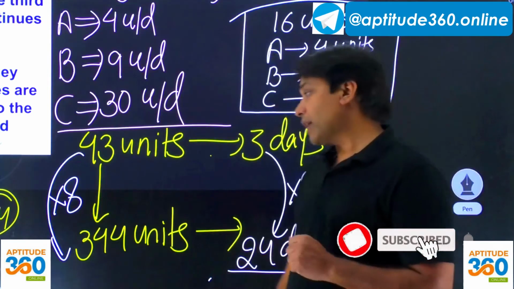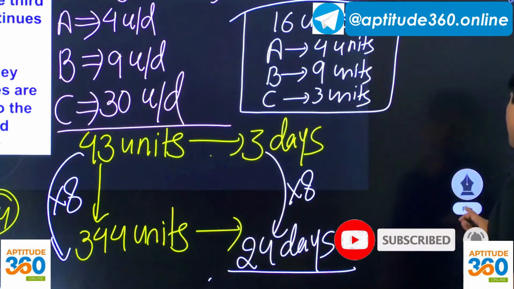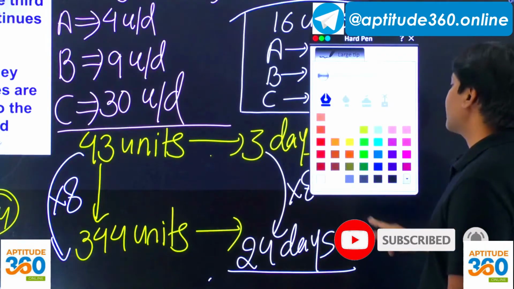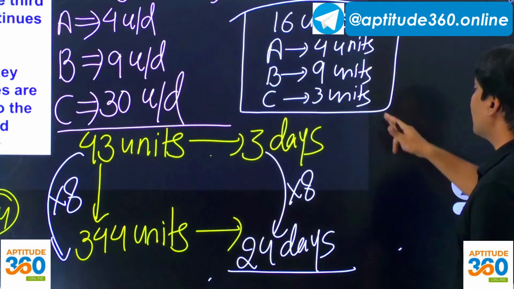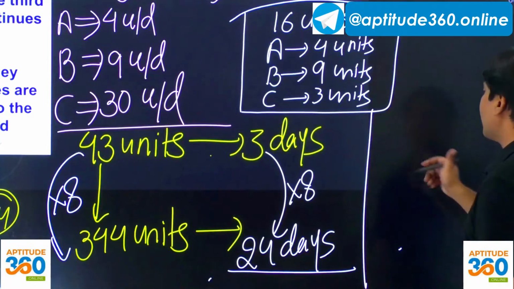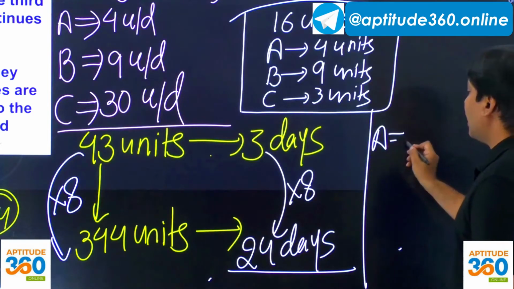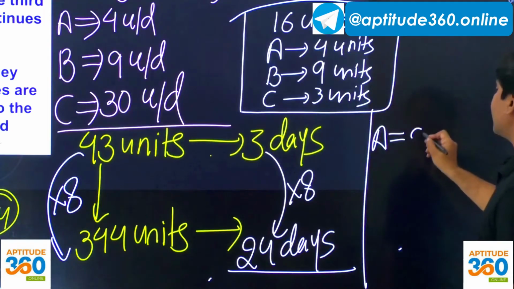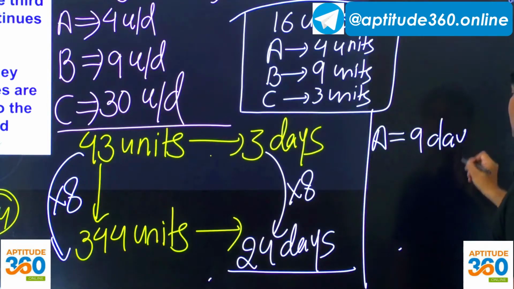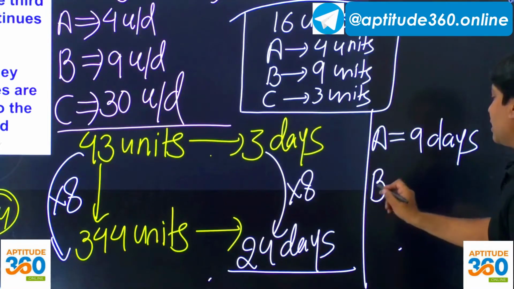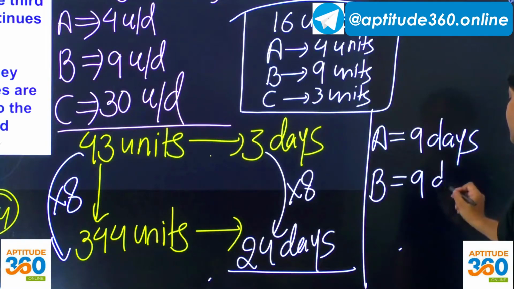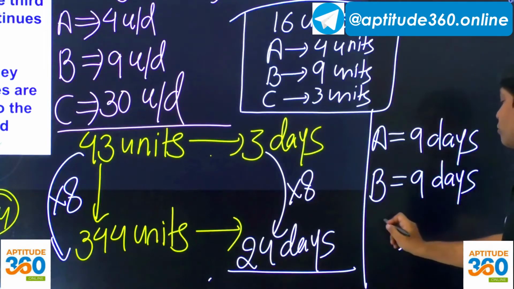Now understand, for how many days is A working? A works for 8 plus 1, 9 days. Similarly, B also works for 9 days. And what is going to be for C?